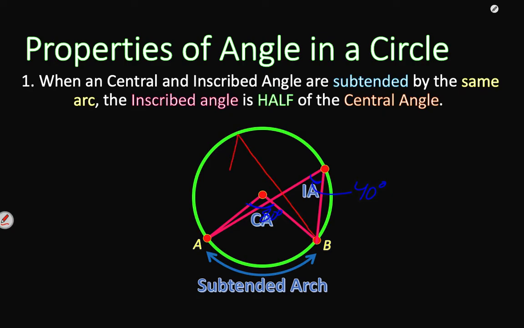Let's say we drew it over here. If this is 40, this will still be 80. And we can draw it over here as well. If that's 40, this one will still be 80. Doesn't matter where you draw it, the inscribed angle is always half of the central angle.